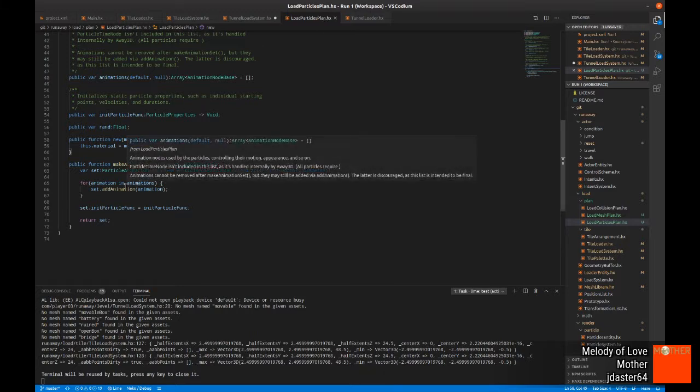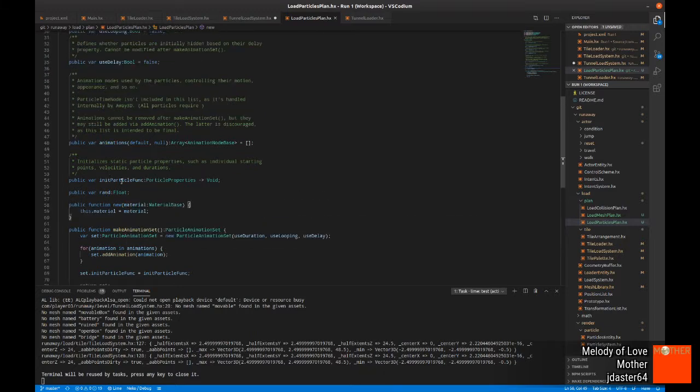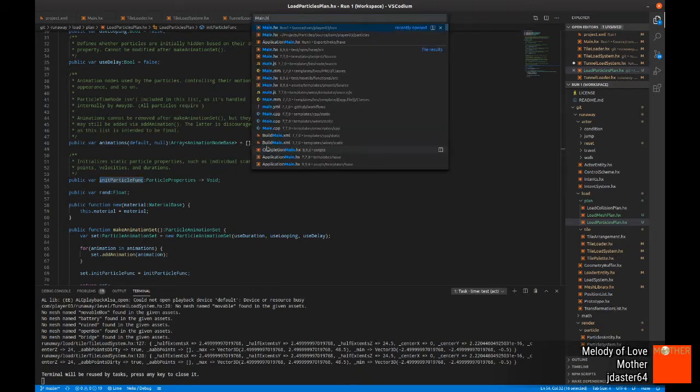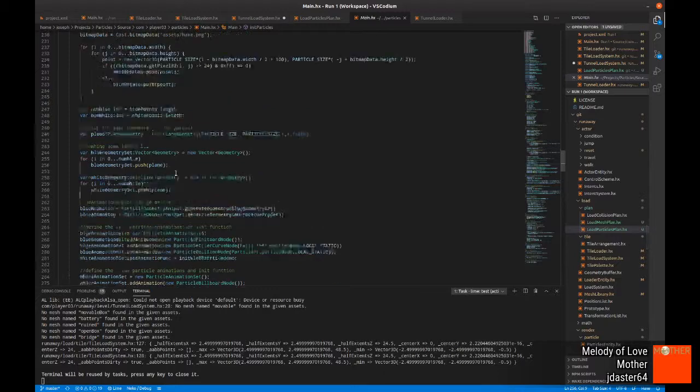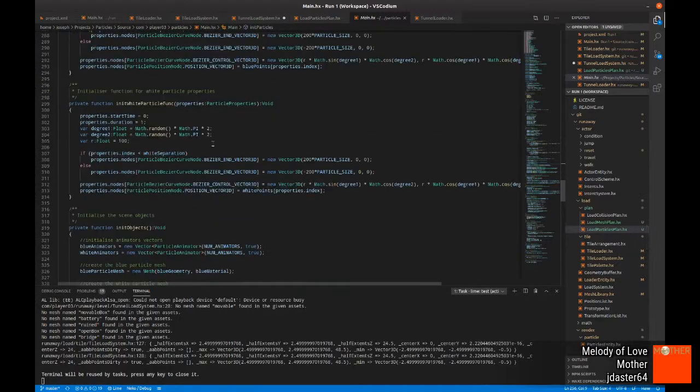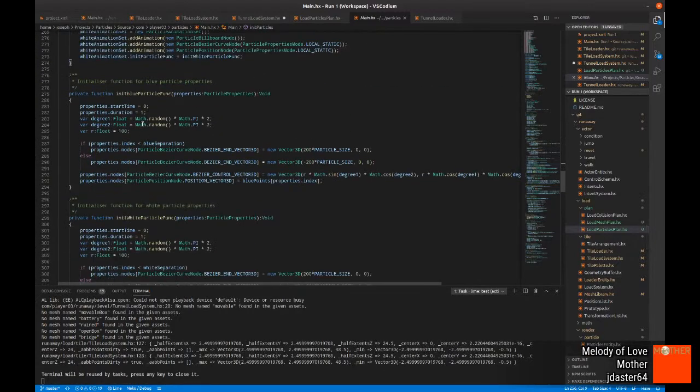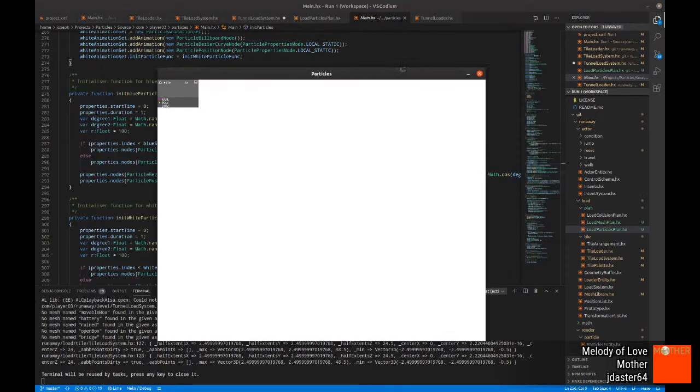While loading particles, we have this init particle function, which has shown up on stream before, but I have not talked about it much. Way over here in the sample, we have a function. You remember this thing?